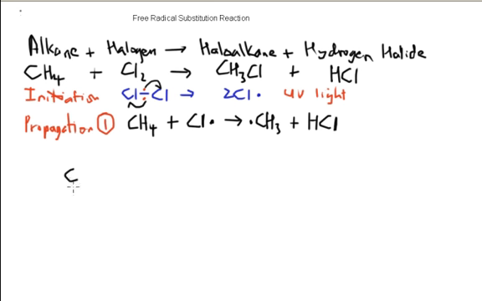To show you what happens with displayed formulae. So that's methane. There's a chlorine free radical. Let's show you the electrons there.